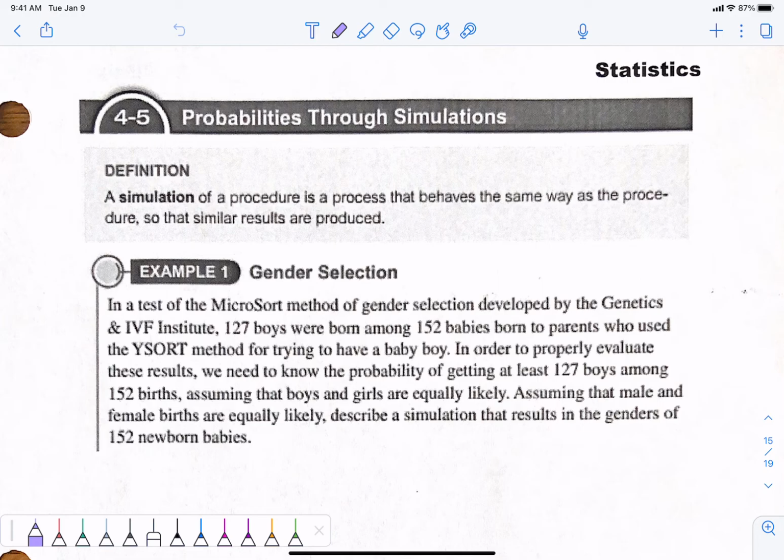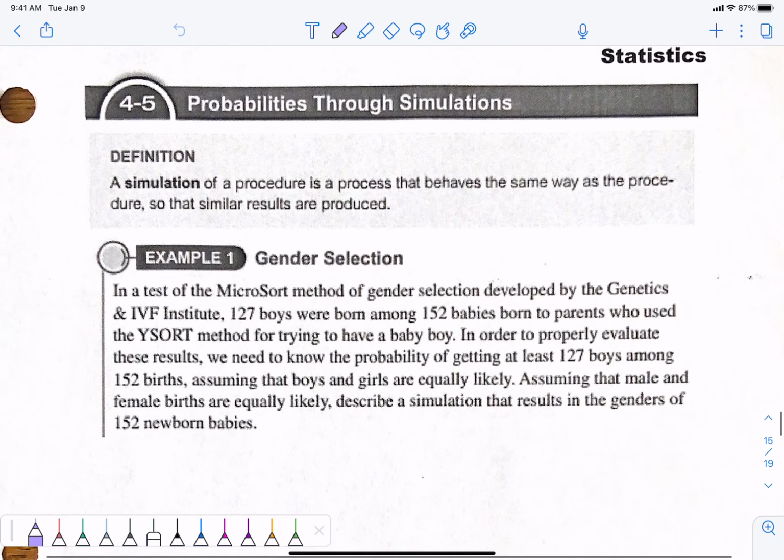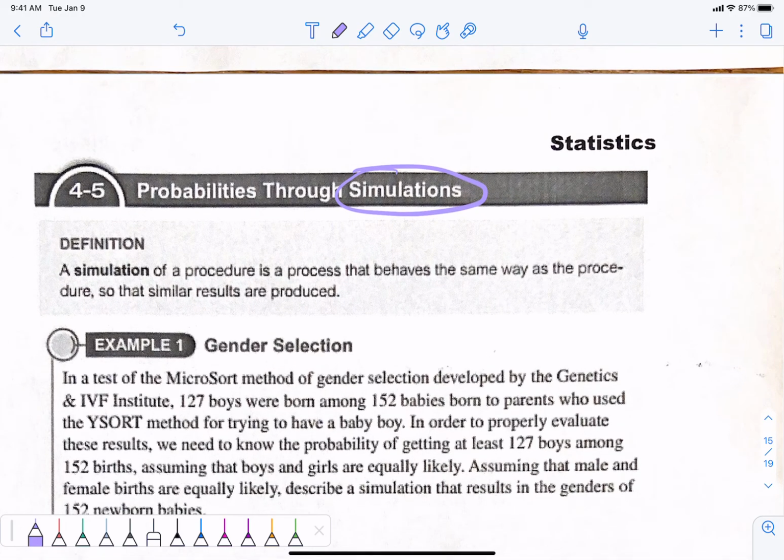There comes a time where probabilities are very tricky to interpret or replicate or come up with. So what we do instead is run something called a simulation, and that helps us identify how often things occur or how rare things are going to be. We run a simulation to figure out the probability.